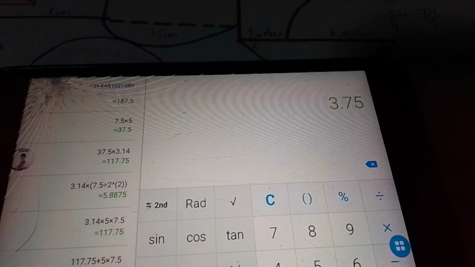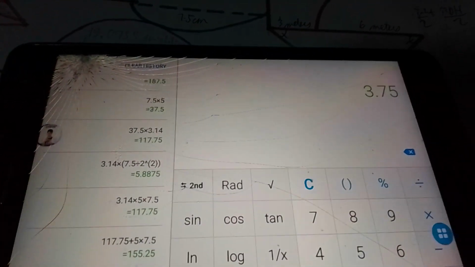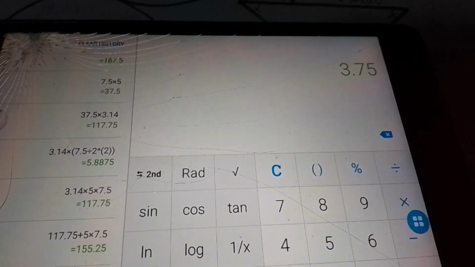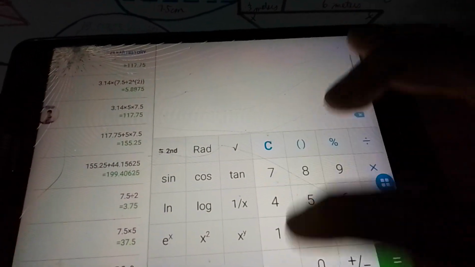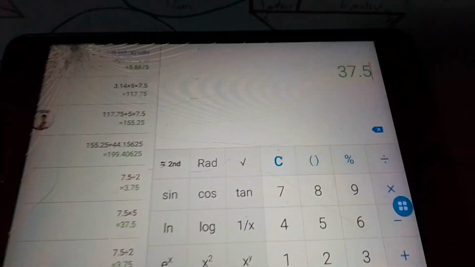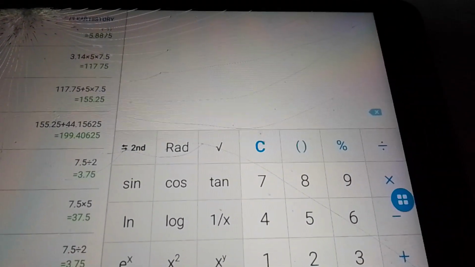At tama, hindi siya 37.5. It's 3.75 pala. So therefore, I got the area wrong. Unlike when I did 7.5 times 5, it's 37.5 pala. That's why I noticed bakit the decimal point changed. How tricky. But anyway, sometimes this fools you. Pero what is important, you know the mechanics.